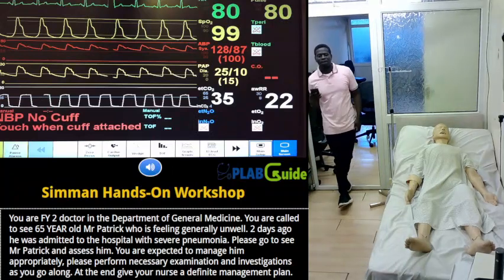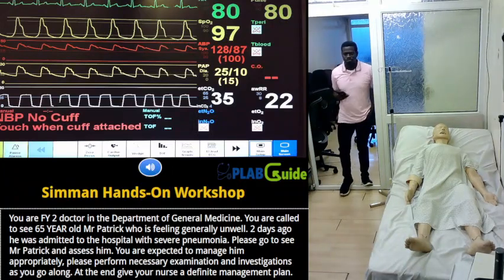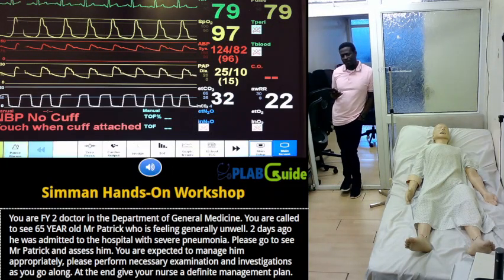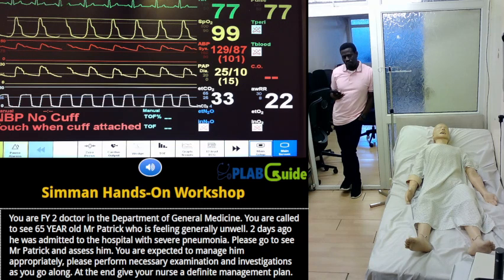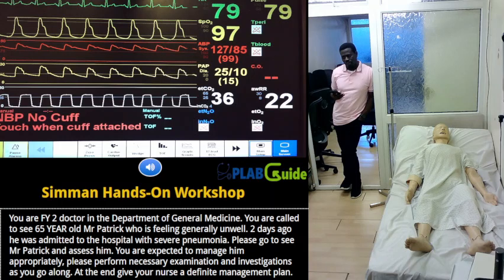Is it clear? Your examiner can tell whether you are actually feeling the pulse or not. When you put the hand there, the monitor, this computer, picks it up. There are sensors with the vessels. When you touch, it gives signals to the system.